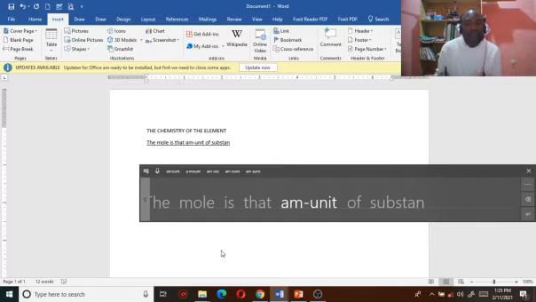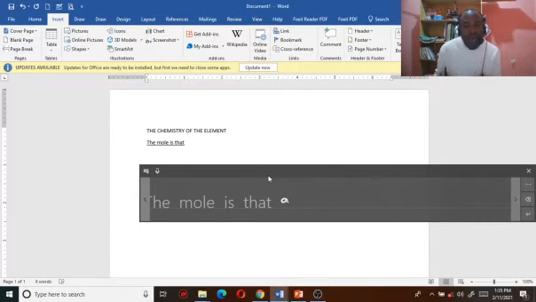You see, if I want to take out anything, I just rule a line. If I see that something has appeared that was not good, I just rule a line. So the mole is that amount. You see, it's coming out directly, of substance.